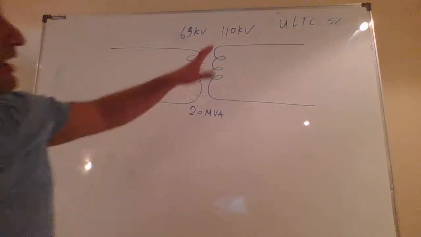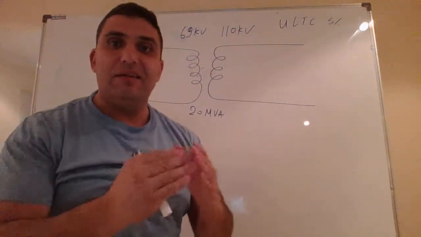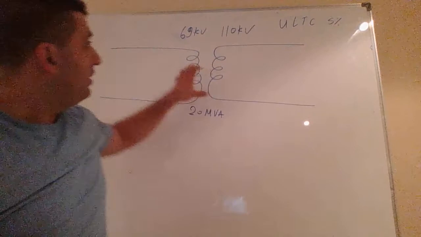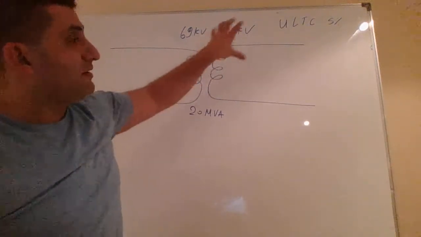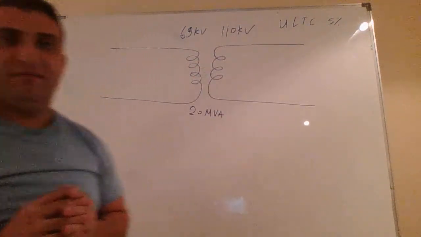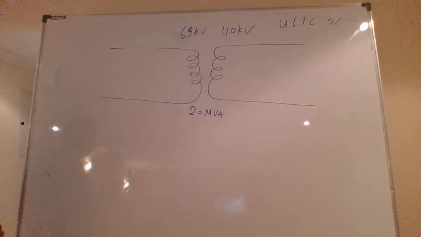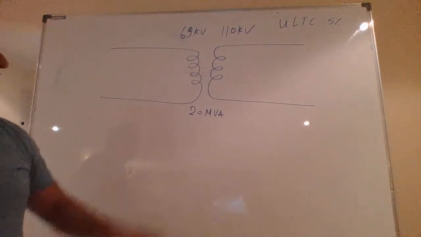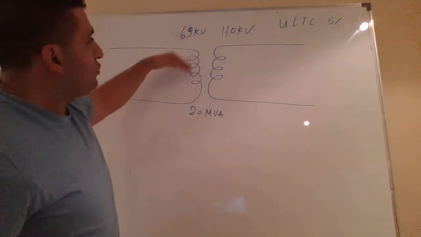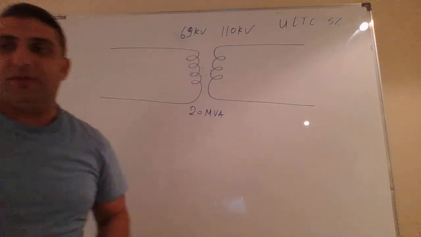What does this mean, under load tap changer? That means the winding tap can vary by 5%, the tap of the actual winding within the transformer.